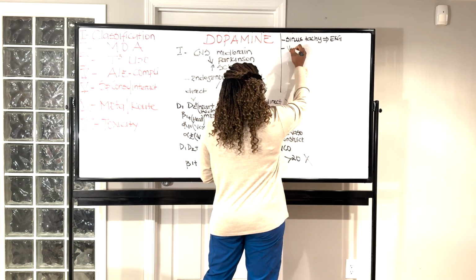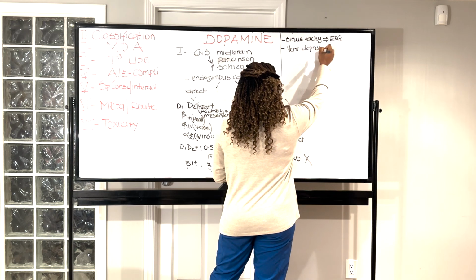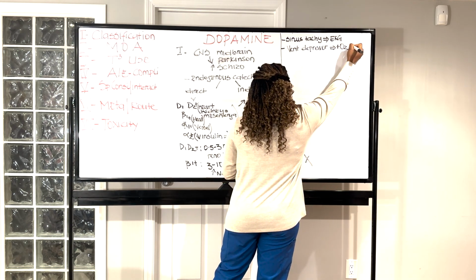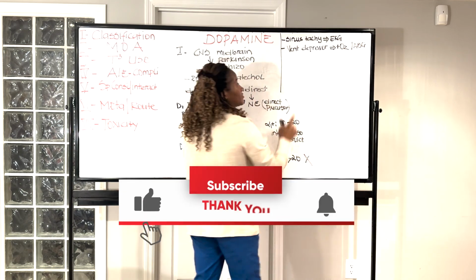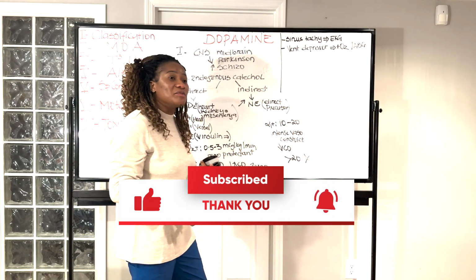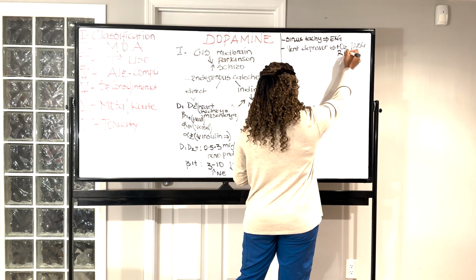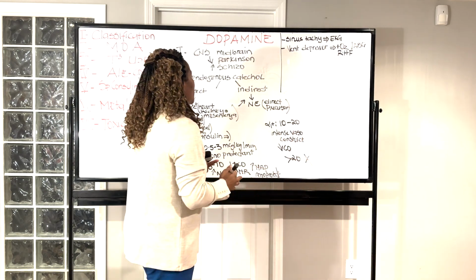So vent depressor, so you want to keep that person oxygenated and check the ABGs. And this is also the reason why you don't want to give dopamine when a patient has a serious right heart failure, because of these oxygenation issues.